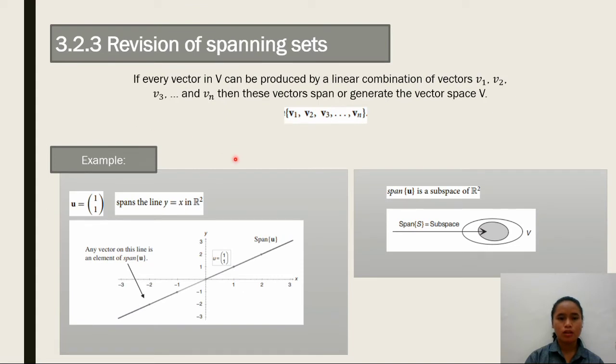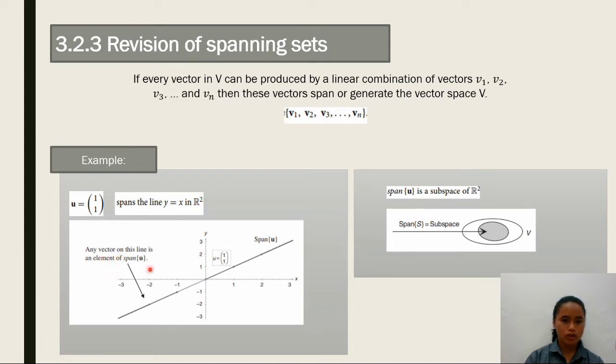Revision of spanning set: if every vector in V can be produced by a linear combination of vectors V1, V2, V3, up to Vn, then the vectors span, or generate, the vector space V. For example, take U, which spans the line y equals x in R2.